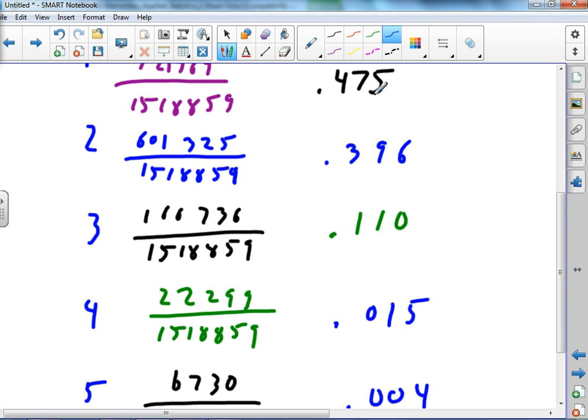What is the probability I'm looking for 721,769, the probability of a Coke in my pocket? Zero service calls.